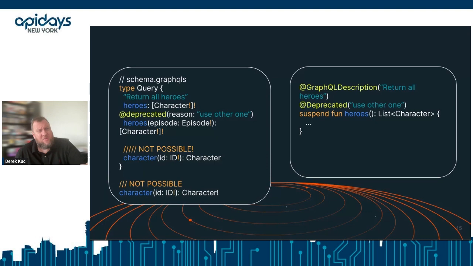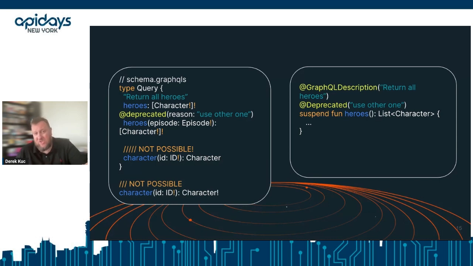But what if you do that on some extra fields to the character or somewhere else, right? What if you change the return type from one type to another? An example here is changing character to not null. Well, but maybe you're just changing something else, maybe making a string to int or vice versa, right? This is actually not possible to do and miss in the code first approach.